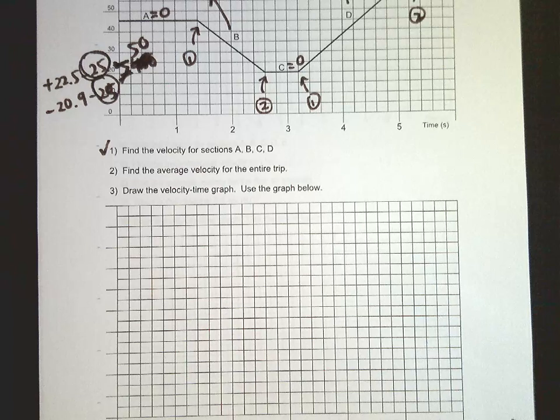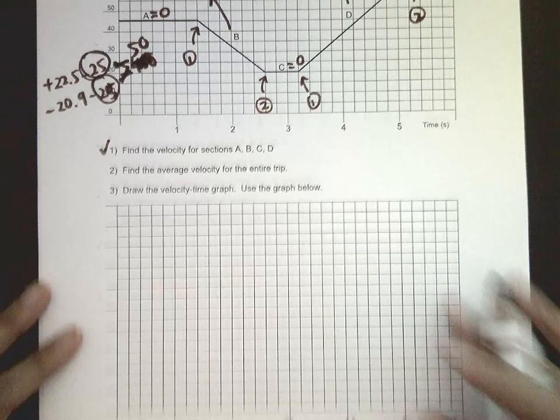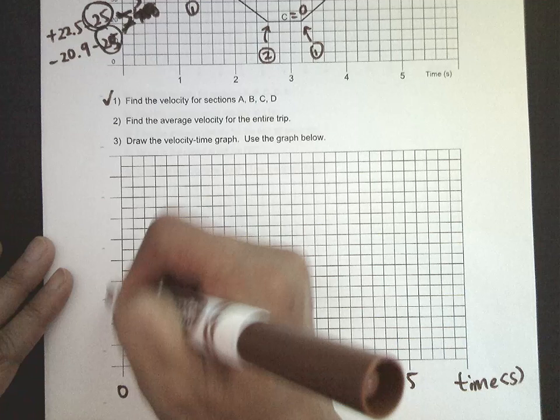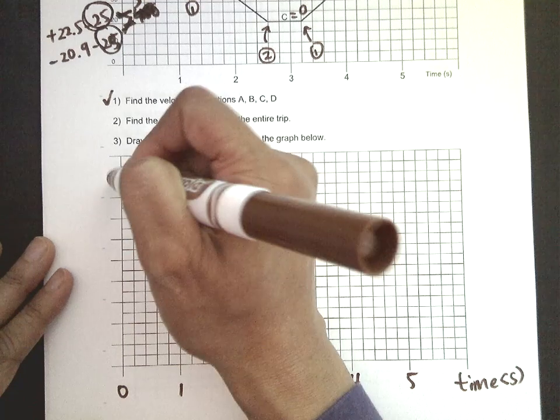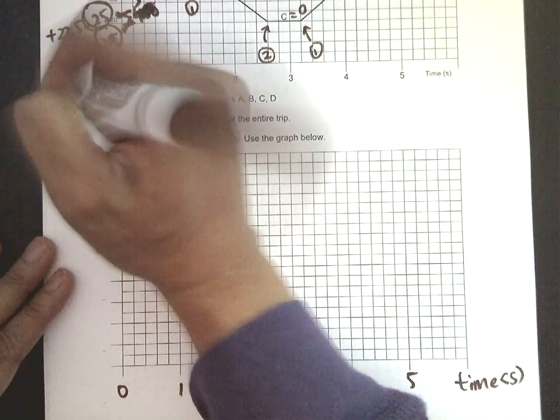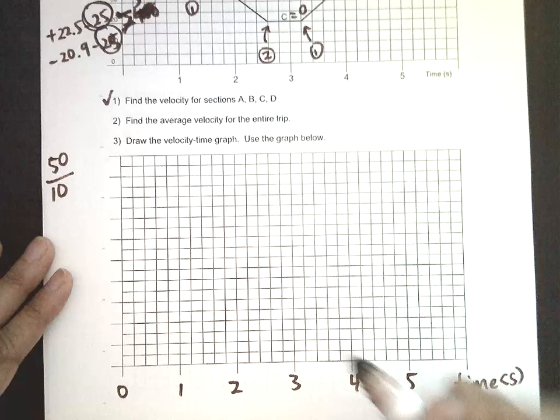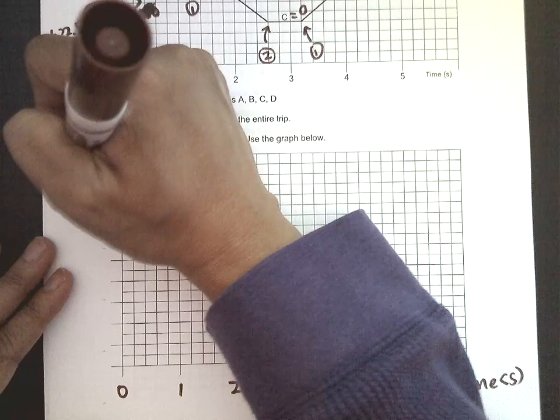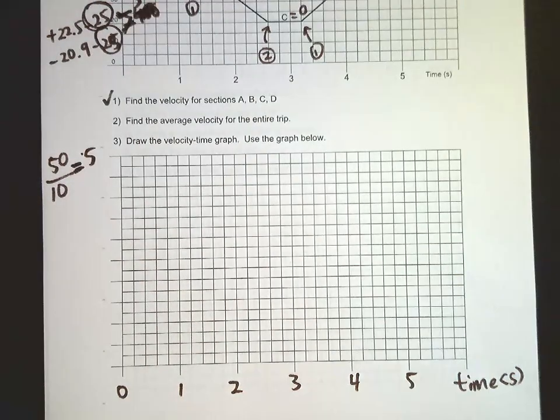So 50 units. Let's figure out how many divisions we have. 1, 2, 3, 4, 5, 6, 7, 8, 9, 10. So we have 50 units divided by 10 divisions. That means each major division is going to be worth 5. And that's how you pick your scale.